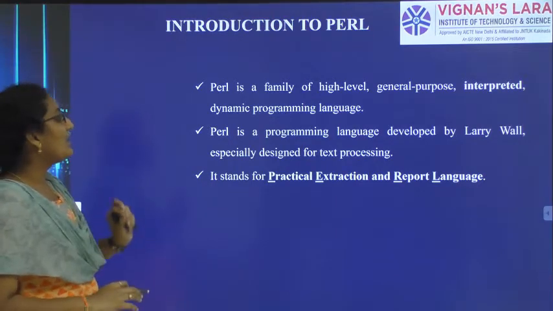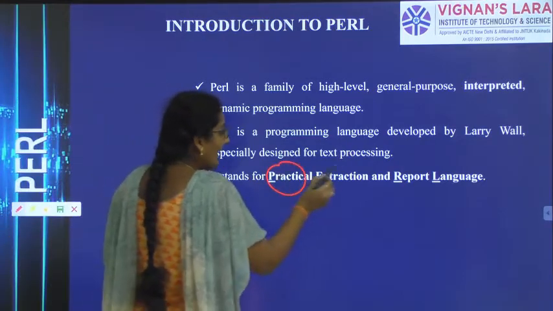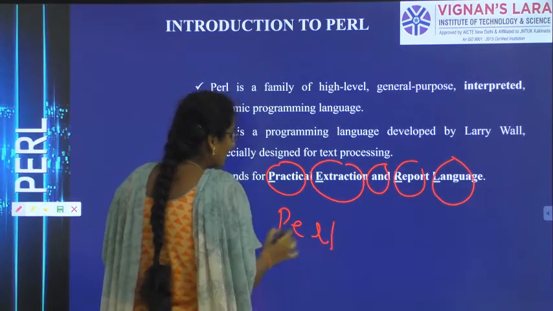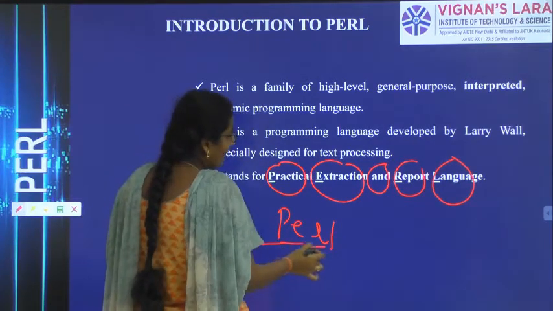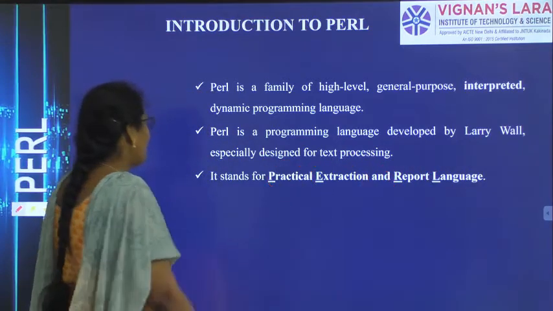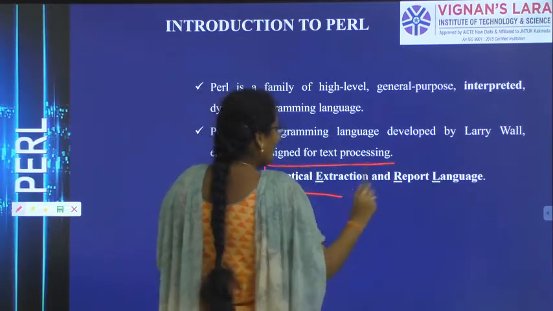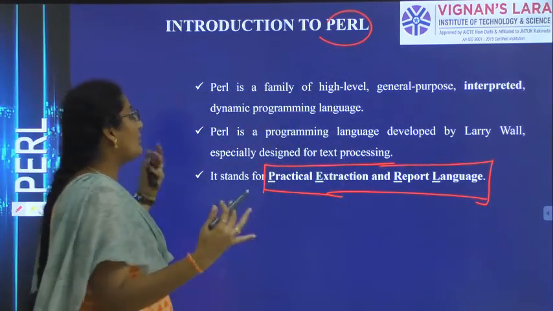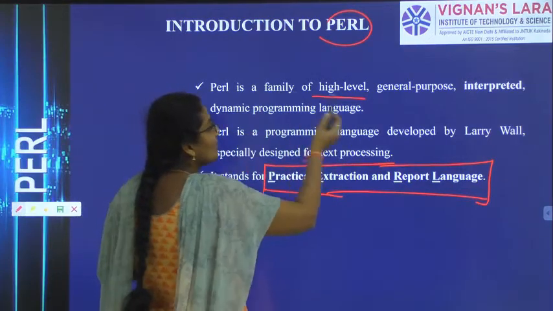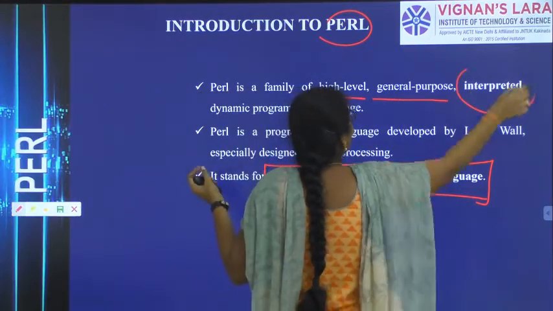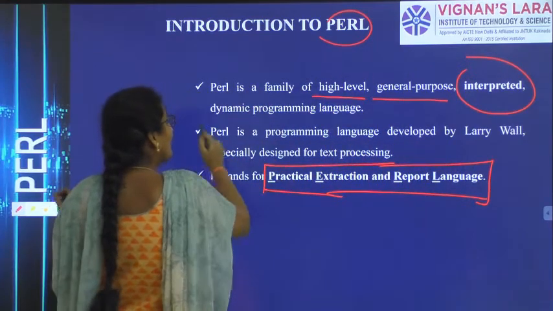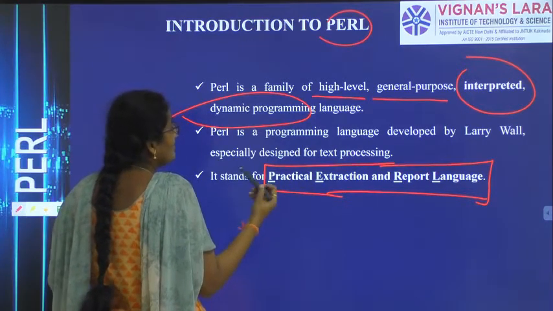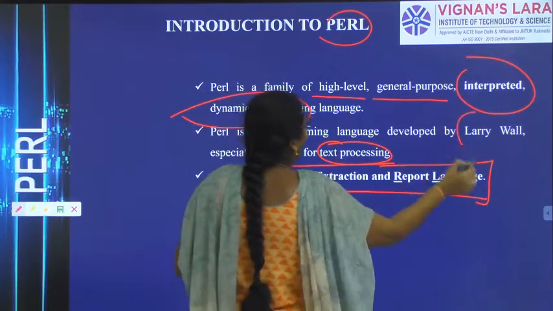So let us see first what is a parallel language. Practical extraction and reporting language is the full form of Parallel. Parallel is a high level language, a general purpose language, an interpreted language, and it is used for dynamic programming. This language was designed especially for text processing by Larry Wall.